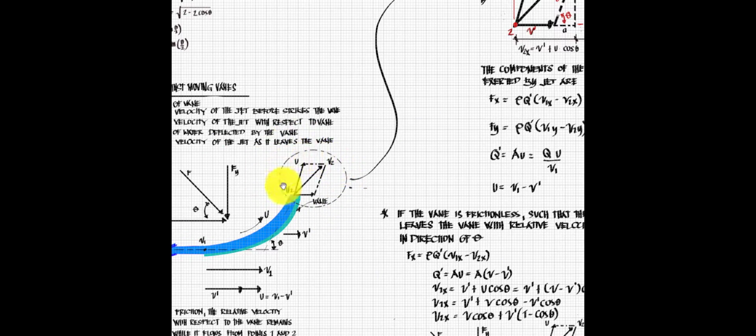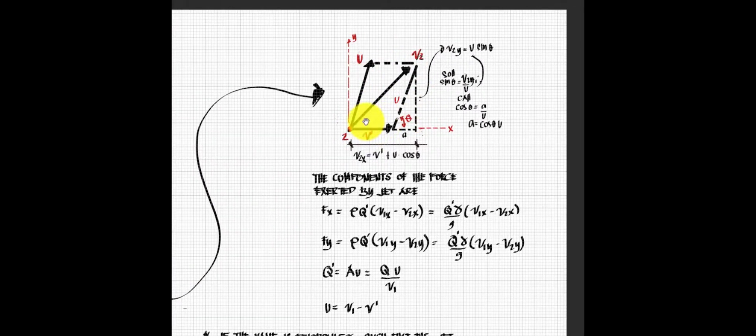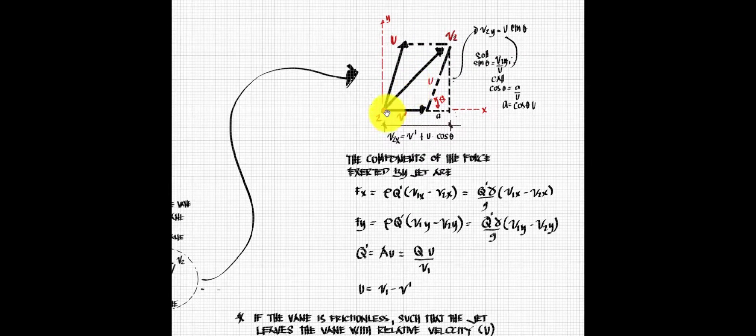Then assuming the figure, we have the relative velocity of the vane, and this is the side going up. Then we have the velocity at point 2.